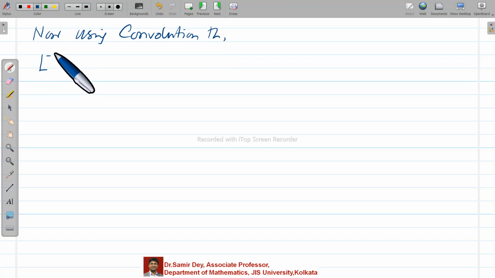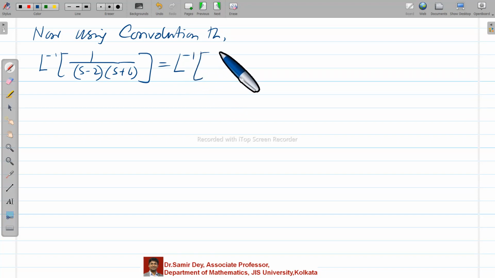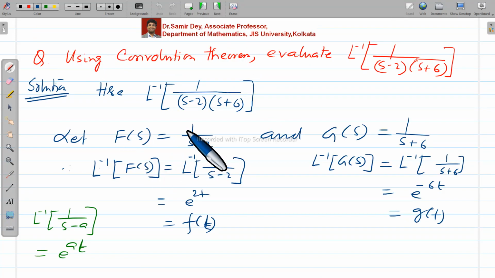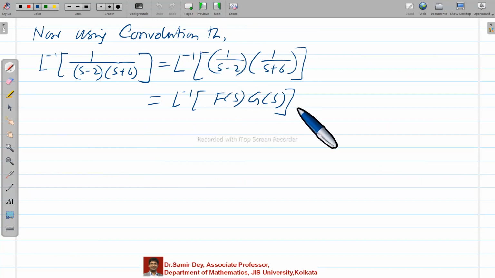What you have is L inverse of 1 by (s minus 2)(s plus 6). That part you may consider as L inverse of 1 by s minus 2 times 1 by s plus 6, which is nothing but L inverse of F(s) G(s). Clear? Because in the previous class you already considered 1 by s minus 2 as F(s), correct? So please write down F(s) and G(s).